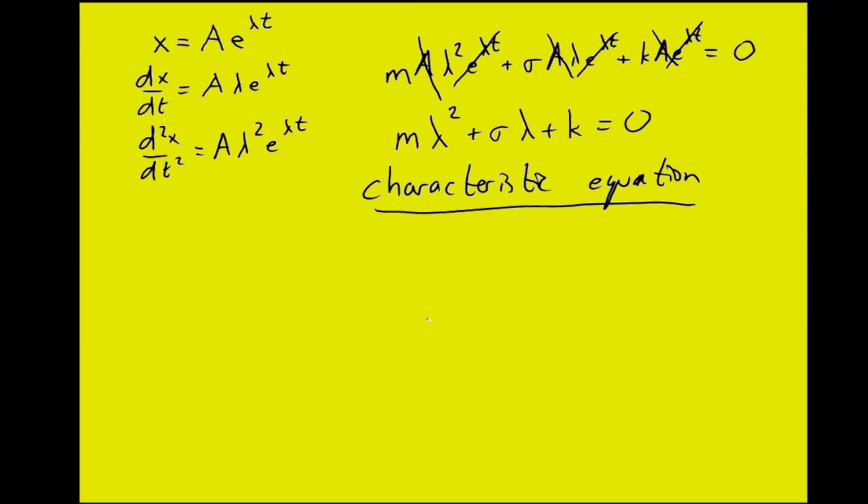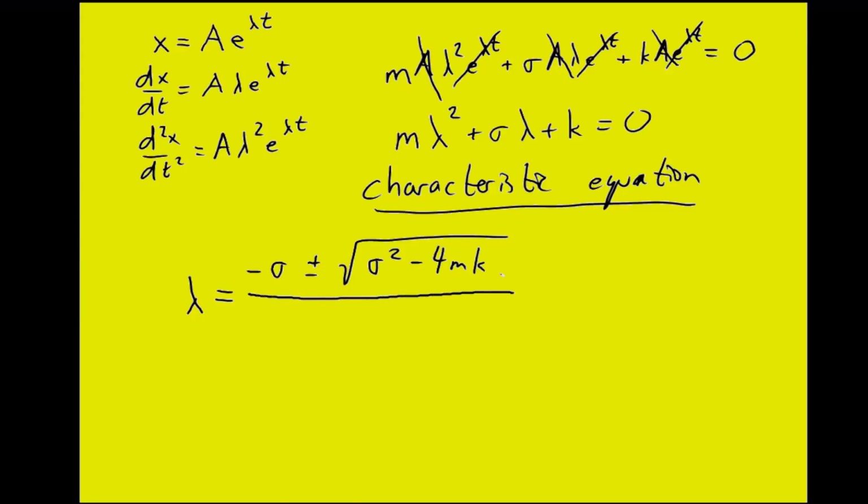To find lambda, we use the quadratic formula, which gives us lambda is equal to, if we think back to when we first learned the quadratic formula, we had coefficient a, coefficient b, and coefficient c, and so it's equal to minus b, which in this case is sigma, plus or minus the square root of b squared minus 4ac, so we get 4 times mk, all over 2 times the coefficient a, which in this case is 2m.